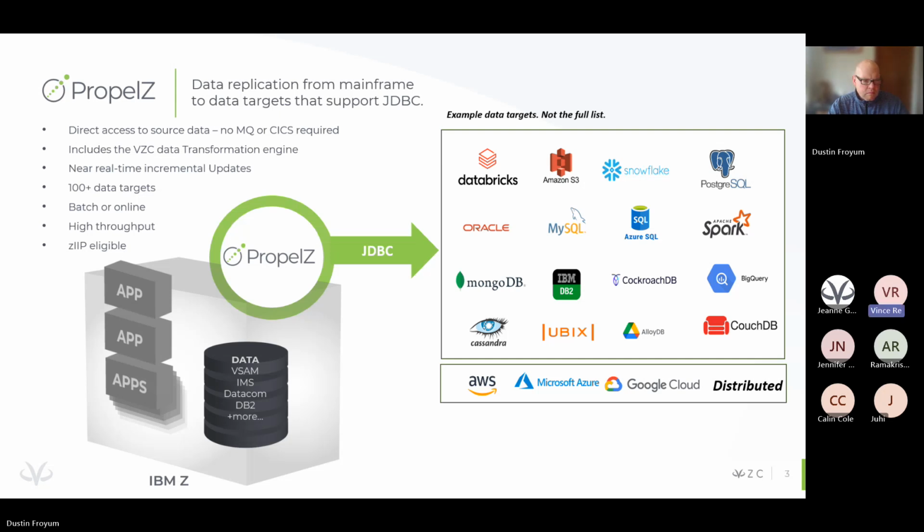We can use PropelZ to access SMF data in real time, and then push copies of those records wherever you want them. Maybe you set up a database, maybe it's an on-prem thing sitting in your SAN environment, and we're just moving those records 20 feet from the mainframe, but they're going into storage that's pennies on the dollar compared to what it would cost on the mainframe. Absolutely, you could do that sort of thing. Same thing for console messages.